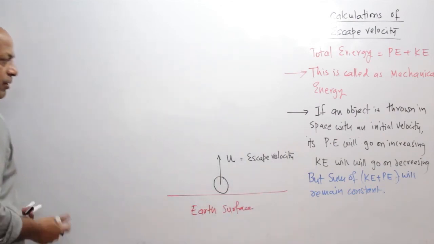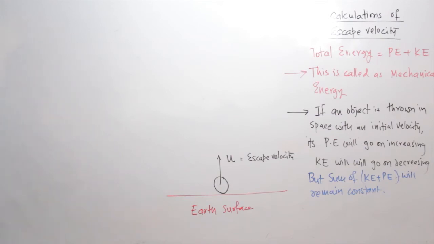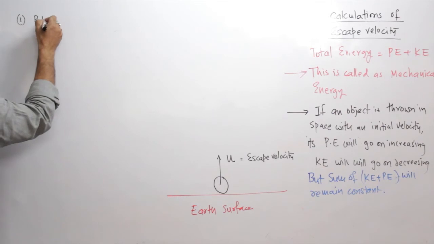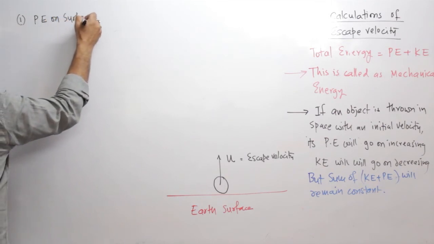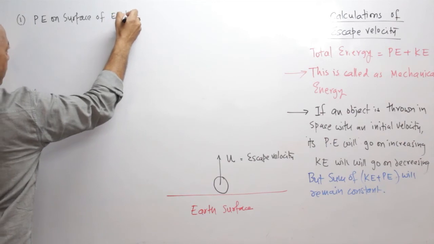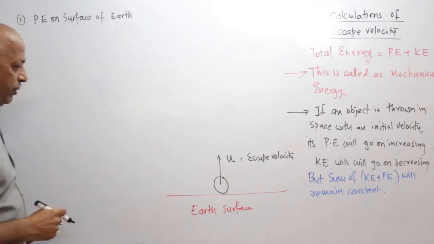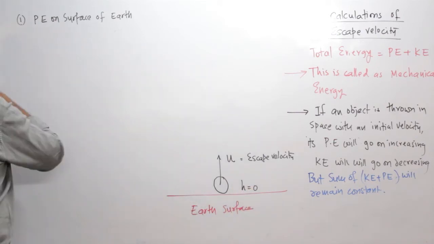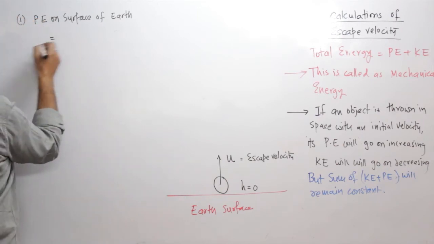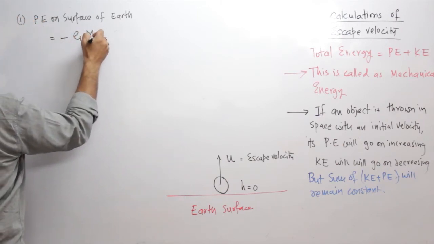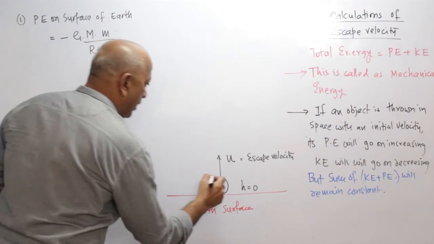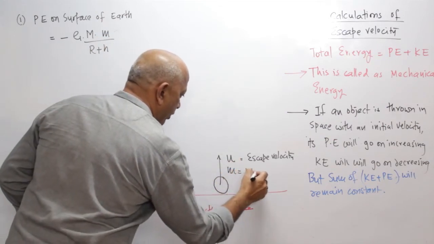So on the surface, what is the value of P? So first, P on the surface of Earth. Here the H is equal to 0. So P on Earth's surface. The formula for P is minus G M m upon R plus H, you have learned. Here m is the mass of the object.